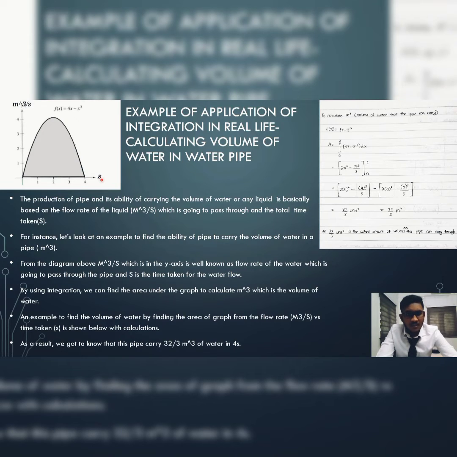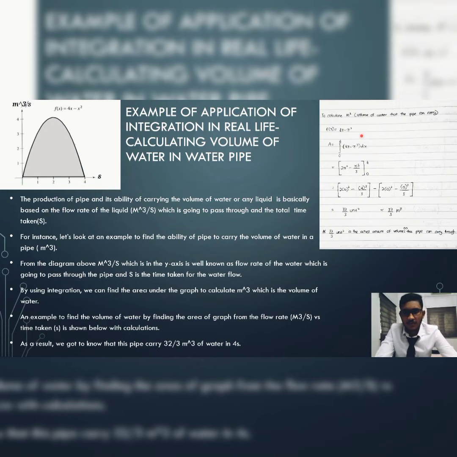So by using integration, we can find the area under the graph to calculate the meter cube, which is well known as the volume of water. An example to find the volume of water by finding the area of the graph from the flow rate given and the time taken given is shown here with the calculation.